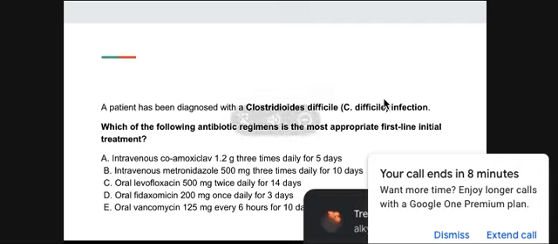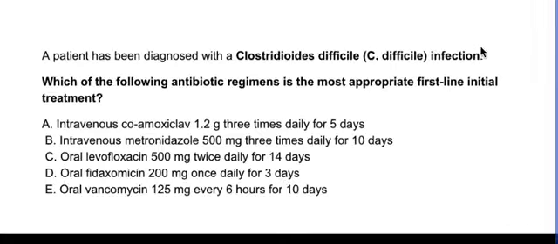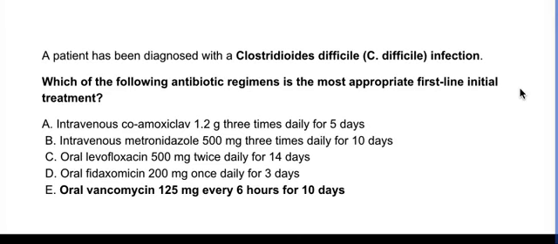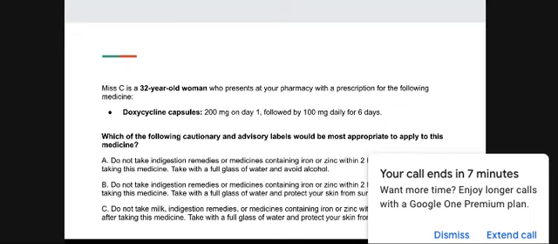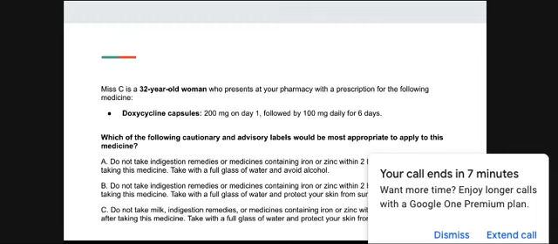I'm going to put up the last question now for today. Miss C is a 32-year-old woman who presents at your pharmacy with a prescription for doxycycline. Which of the following is the most appropriate label for the medication?